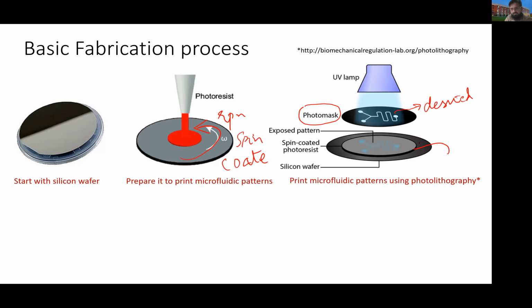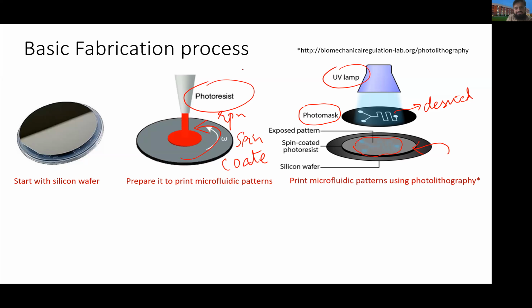Your silicon wafer with the photoresist is placed down, and you shine a UV lamp from the top. UV light will only pass through the desired patterns, because the rest of the area is black. UV light will cross this transparent feature, and the pattern will be transferred onto the photoresist.